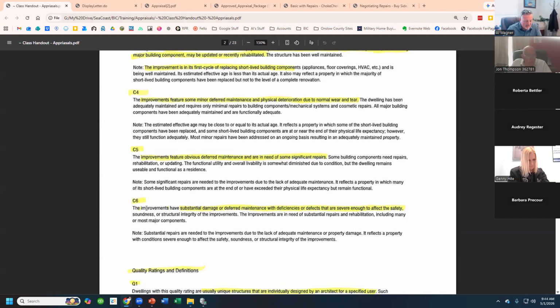And then a C6 category for condition, there is substantial damage. It needs a lot of work. There are a lot of deficiencies that have a severe enough effect on the safety of the property. C6 is usually holes in the floors, windows. Even a hole in the roof could be a C6 because it's going to cause other substantial issues.